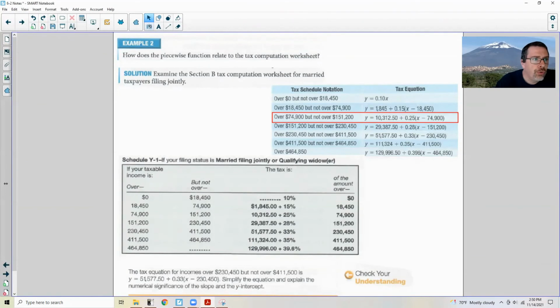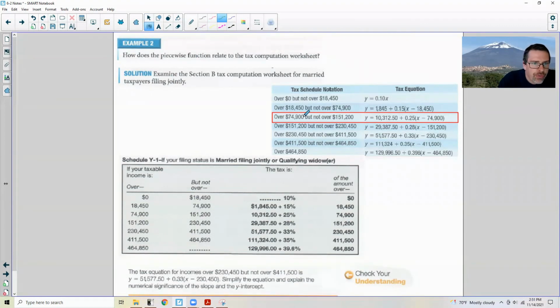Okay, section 2 or example 2. Example 2 says, how does a piecewise function relate to the tax computation worksheet? So part of the solution is to examine the section B tax computation worksheet for married taxpayers filing jointly. I have the schedule Y-1 from example 1, and notice the intervals.